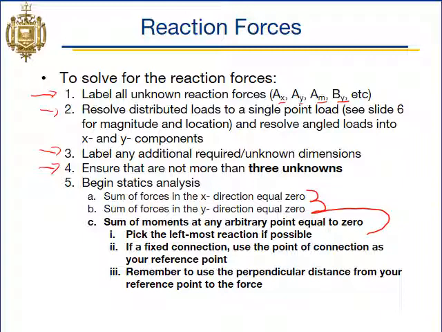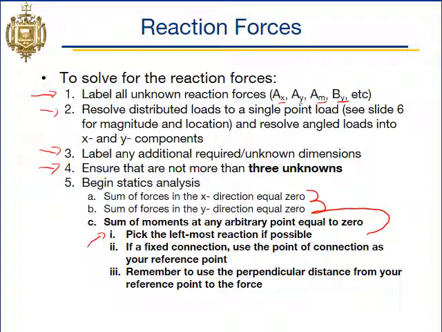So, good practice on these: I like to try to just pick the leftmost reaction for my sum of moments equation, because by doing that, it zeroes out the distances of any force there.